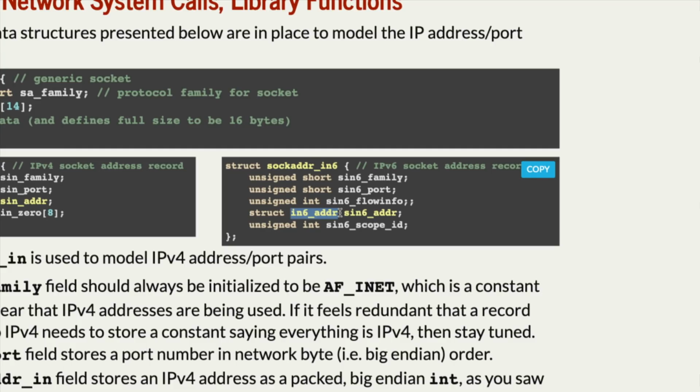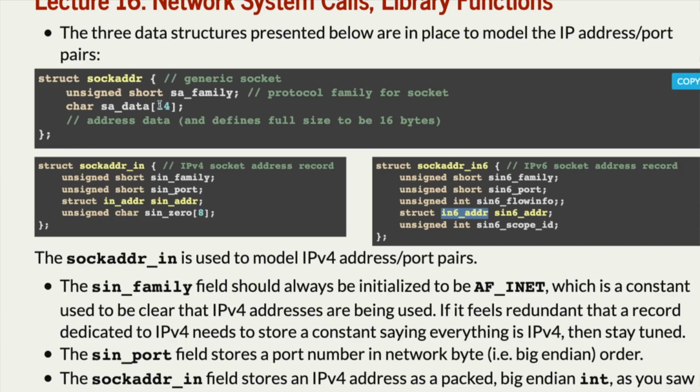How big is 128 bits in bytes, rather? 16. 16 plus 4 is 20, plus 2 is 22, plus 2 is 24, plus another 4 is 28 for this one. Is that 16? No, I have no idea why this is the case. It turns out that it really doesn't matter that there's this 14-byte one there. I think there has to be something there to make the compilation work right, but that's about all I can figure out. The various resources I've looked at said it just kind of doesn't matter. So, whatever.